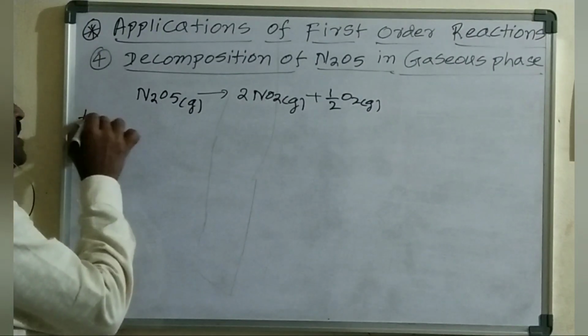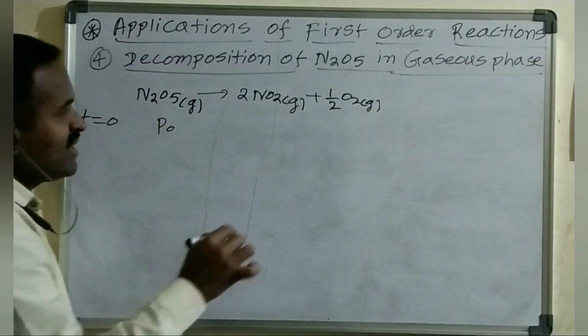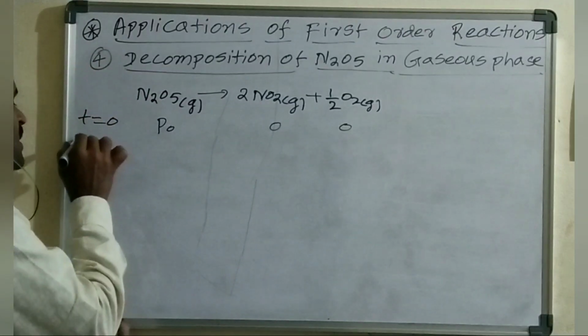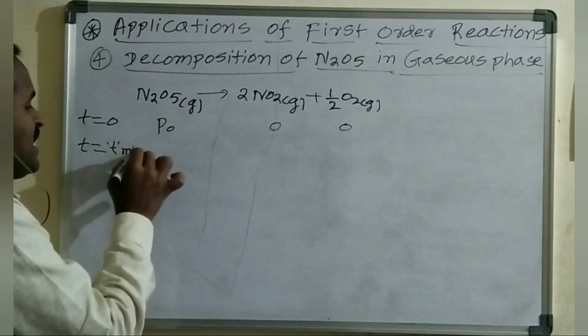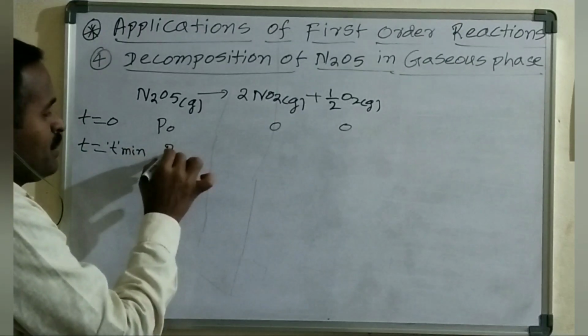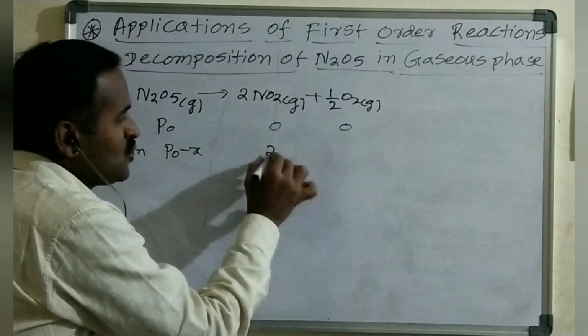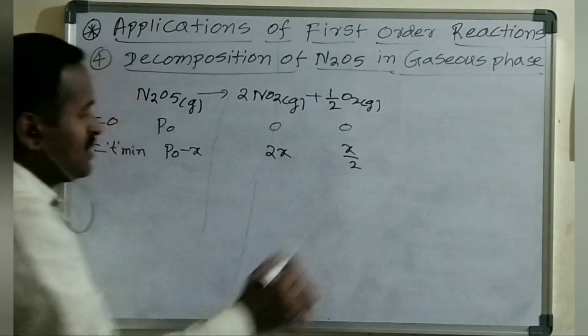At t equals 0, its initial pressure is P0, and the products are 0 and 0. At t equals t minutes, I can write P0 minus x, and this one is 2x, and this is x by 2, right?